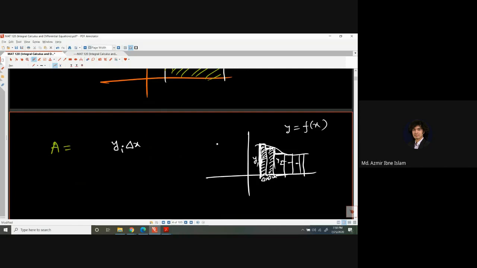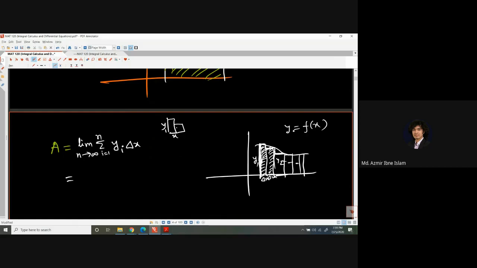You know that the area of a rectangle is base into height, and if we sum up all the rectangles' area, we will get y1 delta x, y2 delta x, y3 delta x. Similarly we can go up to infinity. That means we will get the exact area if it is possible to go from 1 to n, and n is approaching infinity.